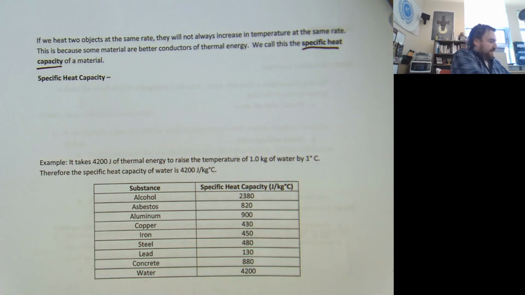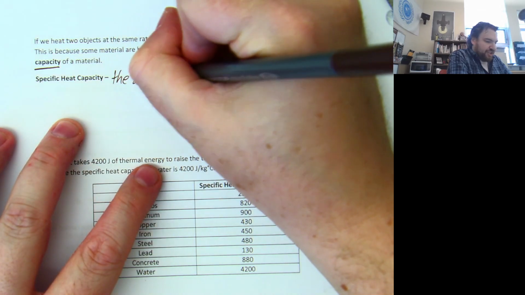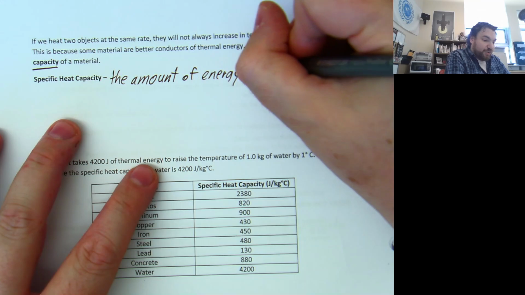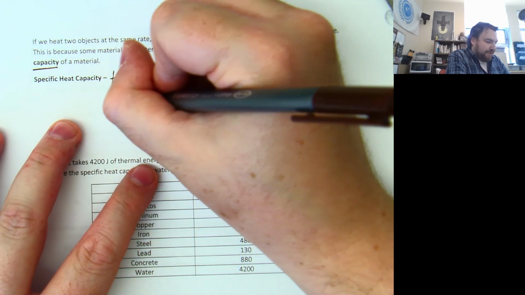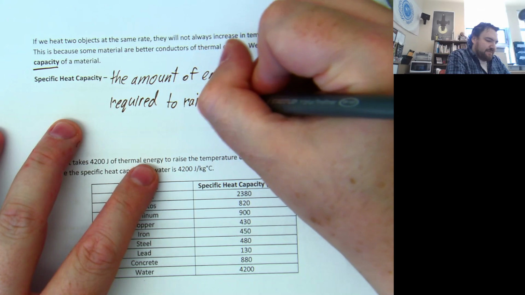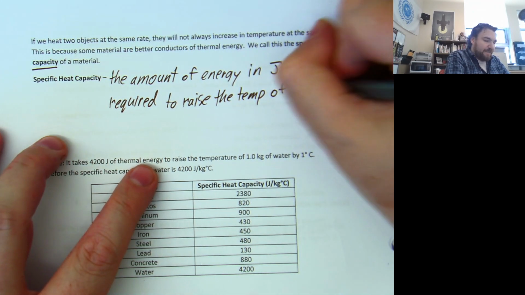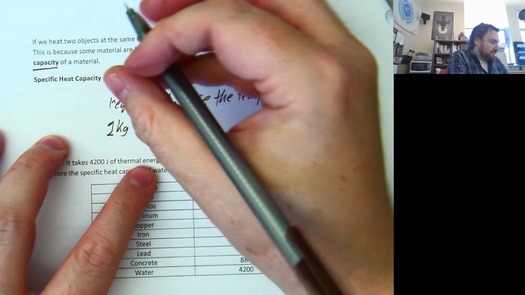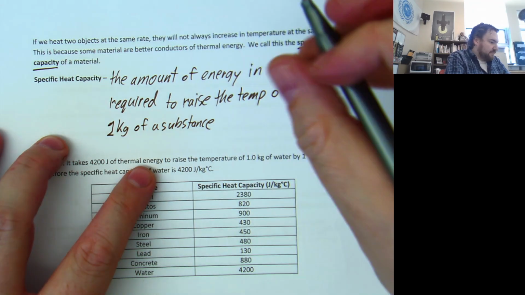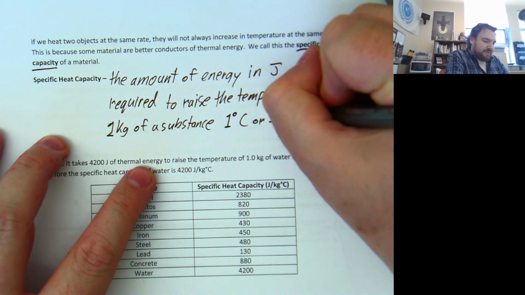So specific heat capacity, I need to write, is the amount of energy in joules required to raise the temperature, I'll abbreviate it as temp, of 1 kg of a substance 1 degree Celsius or 1 degree Kelvin.